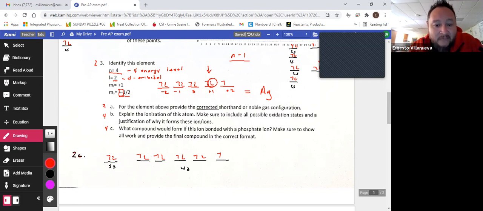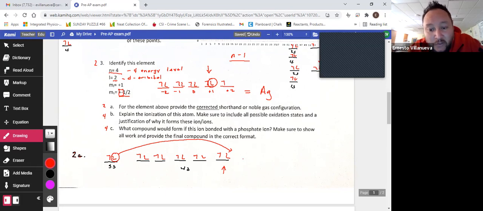So when we have a configuration like this, where the d orbital is that much closer to being full, what it does is it borrows this electron from the s orbital and puts it here. And what that does is it gives it a much more stable configuration because now your d orbital is completely full.